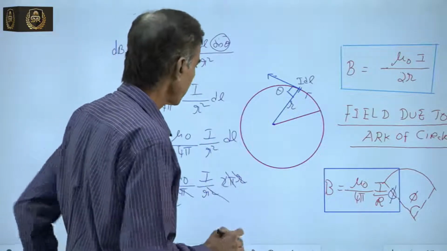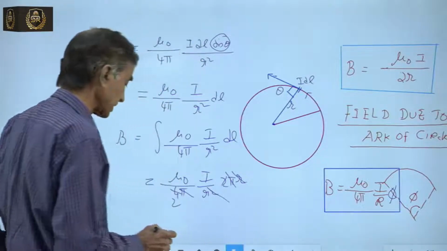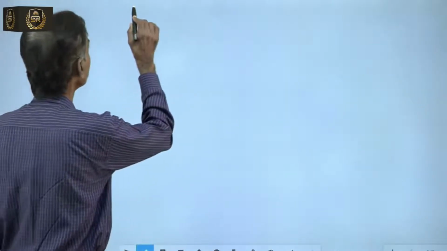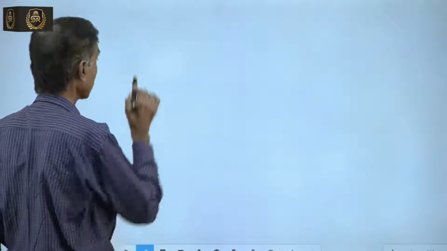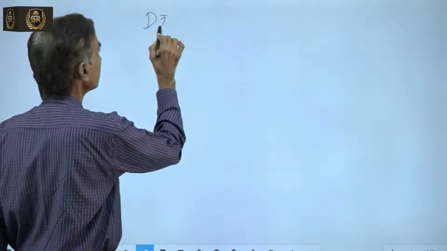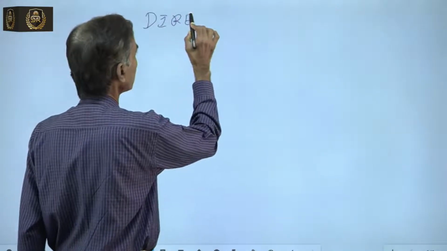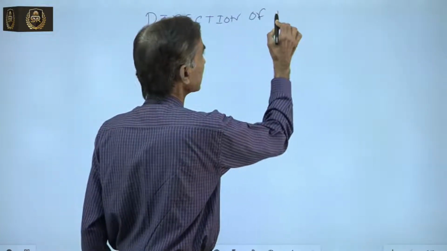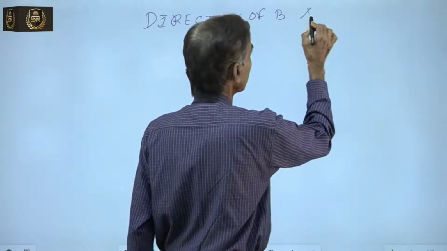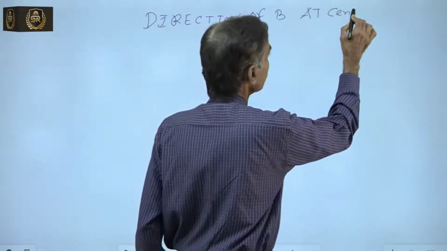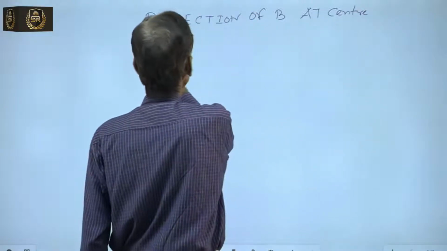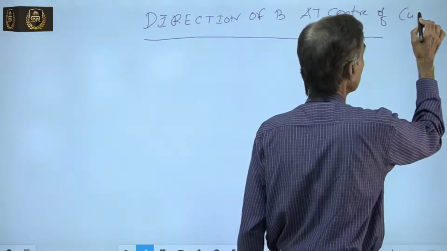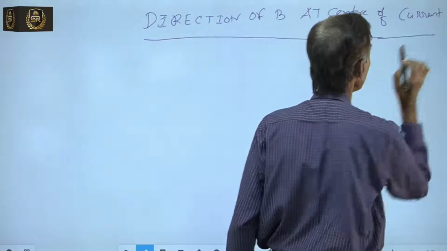So, the direction of B at the center of a current carrying loop.